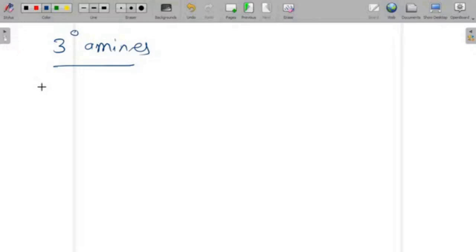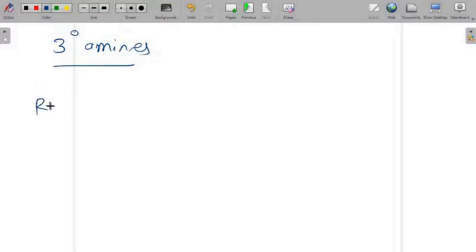Therefore, as with the tertiary alkyl ammonium halide that we formed as a salt in the alkylation reaction, similarly such type of product, a salt, is going to form. We'll see what the product is.